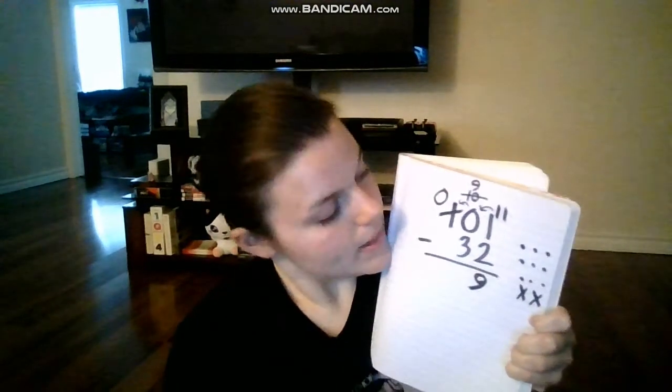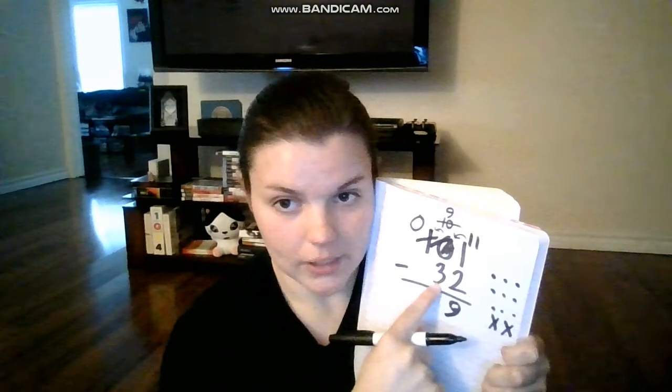Now we come over to our tens place. So we have the number 9 now. We're not taking away from 0, because remember, that number was changed to a 10. Then we borrowed from that 10, and it became a 9. So 9 minus 3. Same thing.